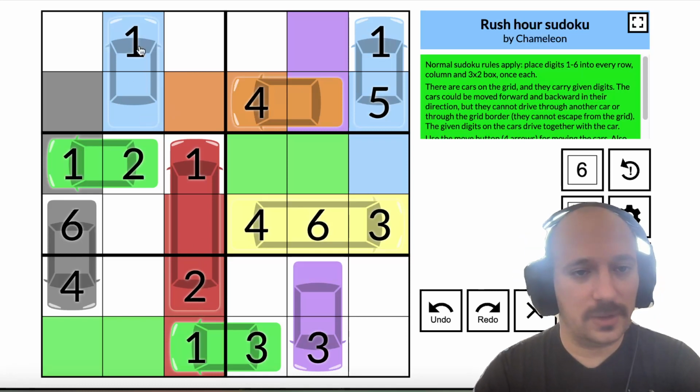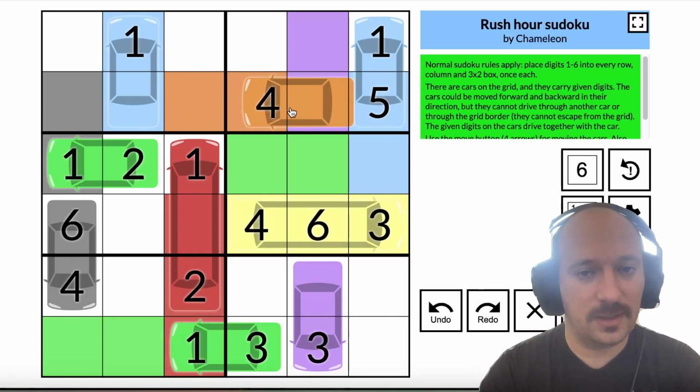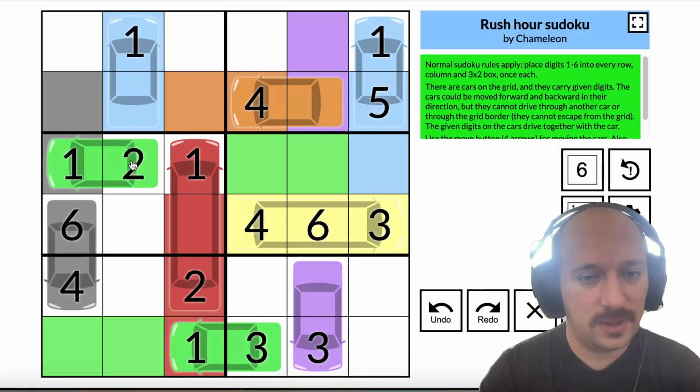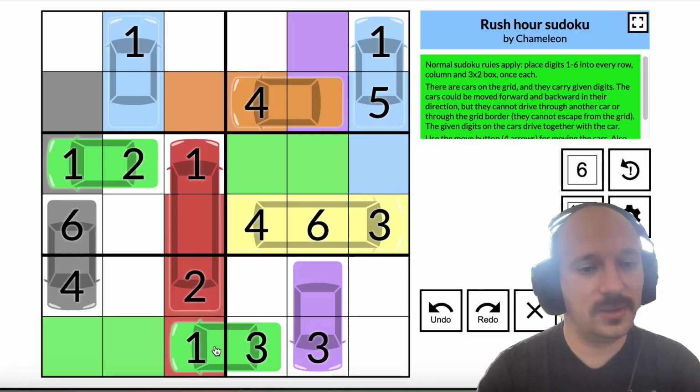So in order to move the orange all the way here, we need to move the blue one. In order to move the blue one, we need to move this green one. In order to move this green one, we need to move the red down to the bottom.